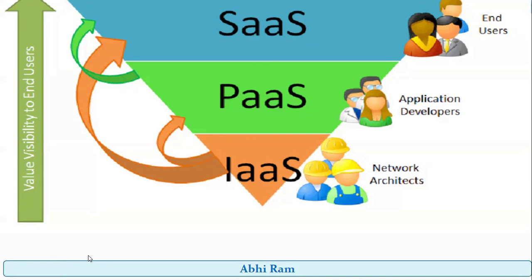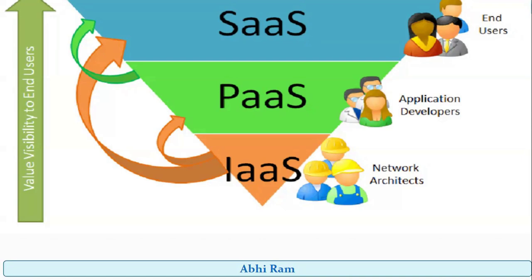I need to maintain the infrastructure like the network team, servers, ACs, everything. The network team also always secures our data and always checks the uptime of the networks. All these things I want to maintain are infrastructure as a service.